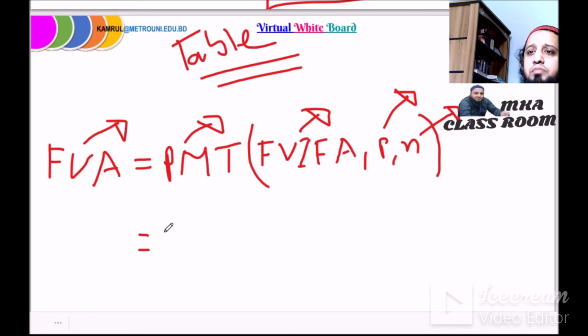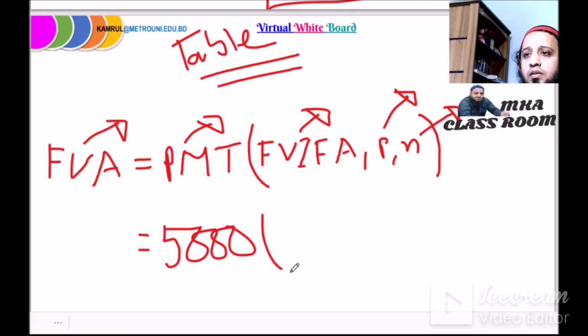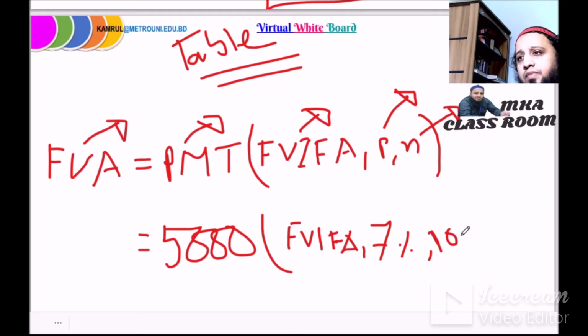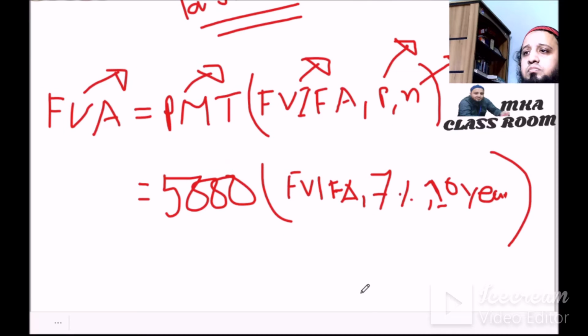We put down the value 5,000, FVIFA, rate of interest 7% and number of periods 10 years.